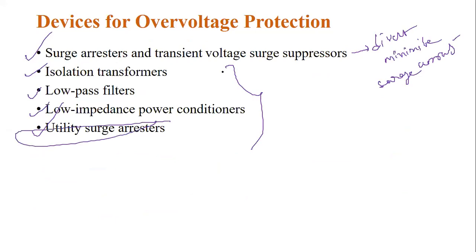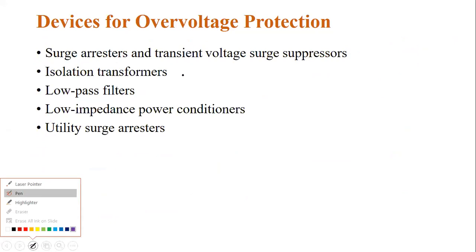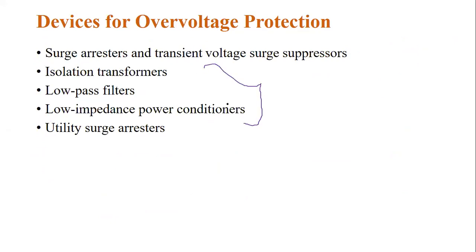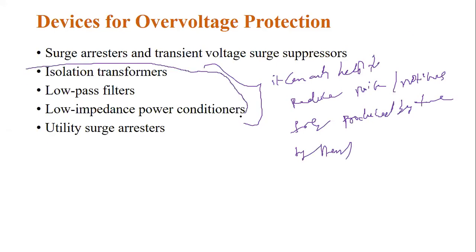These remaining three only help to reduce some noise, notches or frequencies produced by the system. But these three will not help to minimize lightning or surge currents.